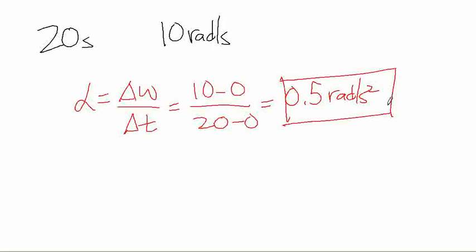All right, and let me now do some examples involving graphical information. All right, so suppose that I had a changing angular velocity given by the following omega versus time graph.